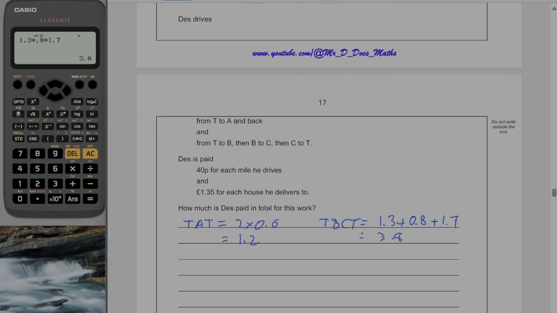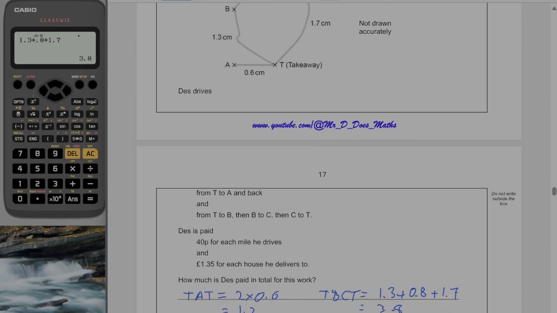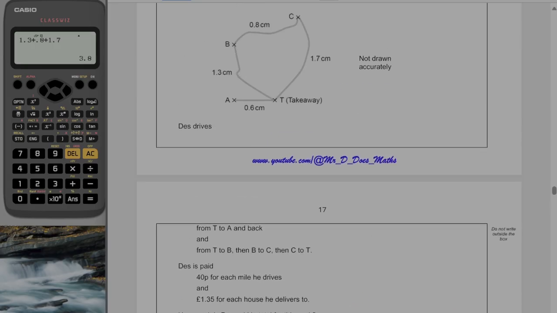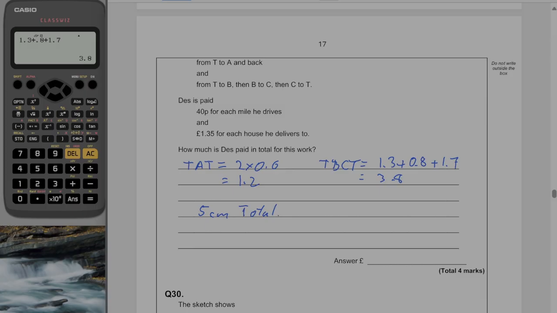Right, so in total, in centimeters, he's driven 5 centimeters. And he's made a payment for each house he delivers to. So he's stopped at 1, 2, 3 houses. 3 houses.